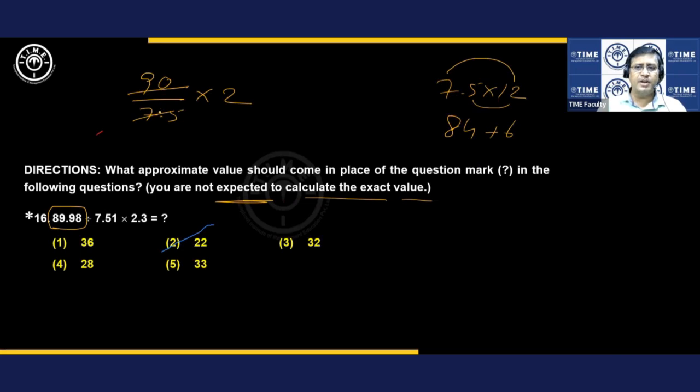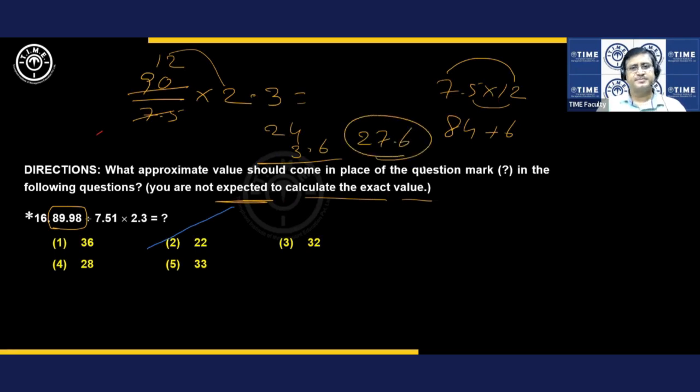So it was exactly how many times? 12 times into 2.3. 2.3 means 2 into 12, that is 24, plus 0.3 into 12, that is 3.6. The result is 27.6.